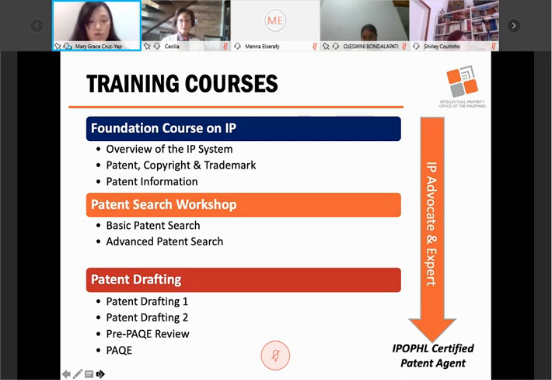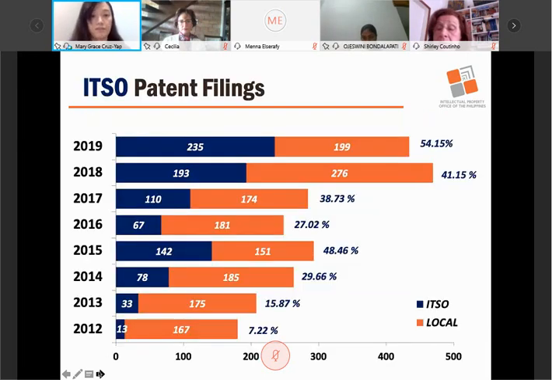We are also conducting patent accreditation, patent agent qualifying exams, or what we call PACE. So hopefully when the ITSOs are born, they come from diverse backgrounds, from business, from the sciences, from technical backgrounds, and then they all coalesce into a core group that has expertise on IP foundation, patent search, and all the way to patent drafting.